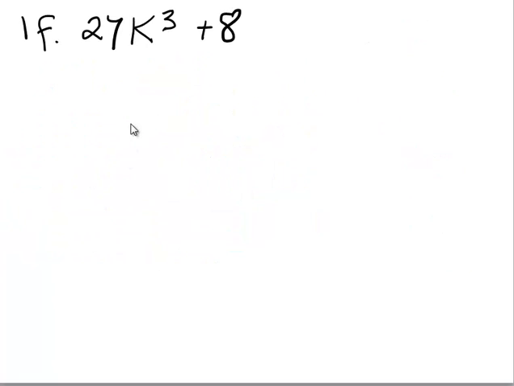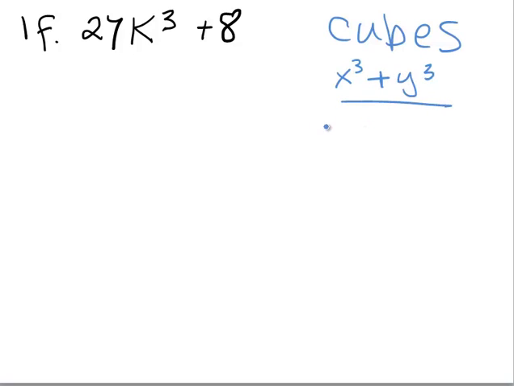And this one has to do with cubes. Okay? And there are patterns with cubes, remember that. So if it's x cubed plus y cubed, that breaks down to the cube root of x cubed plus the cube root of y cubed, times x squared plus 2xy plus y squared.